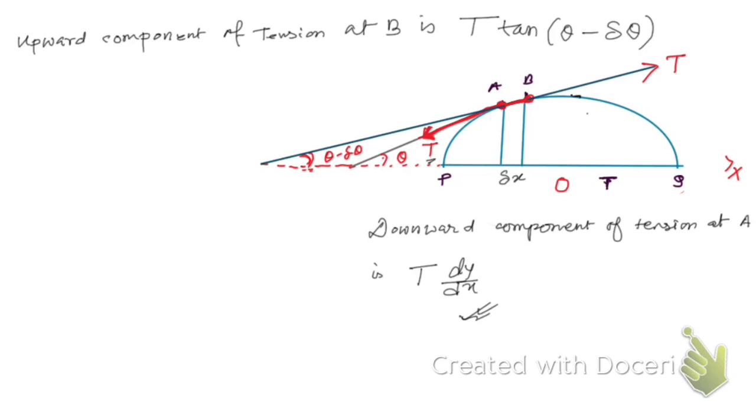we have got upward and downward components. At A we have got downward tension, and at B we have got upward tension. So the net tension on this segment, the resulting downward tension, will be, because when this is pulled upward, then this string will try to go downward. So that's why there will be a resultant downward tension.